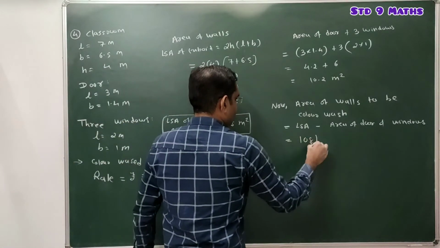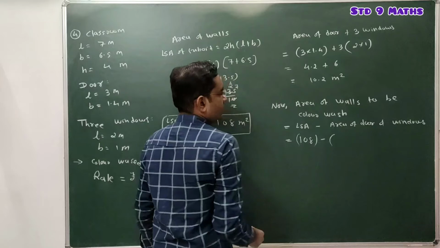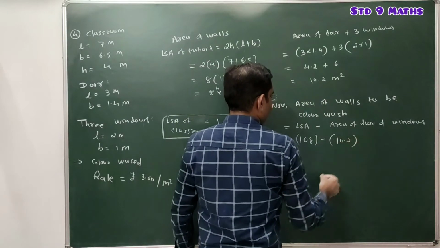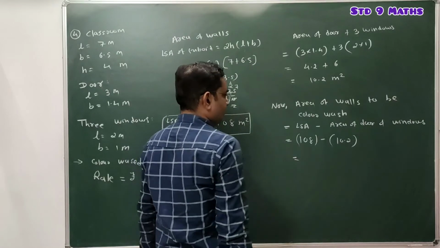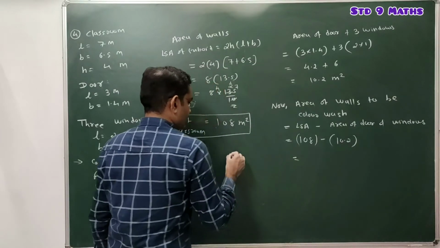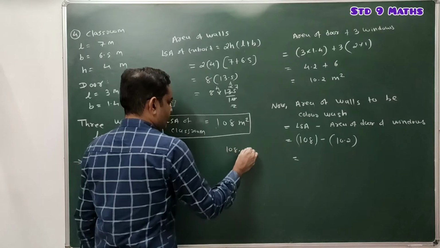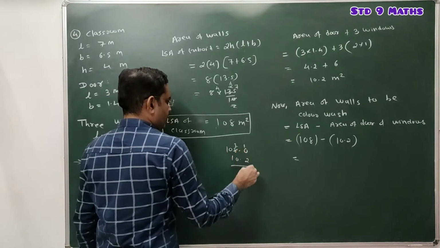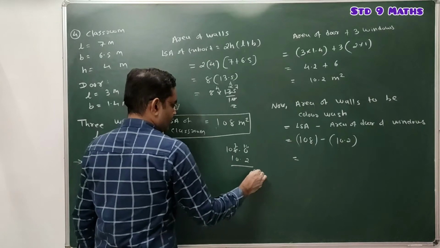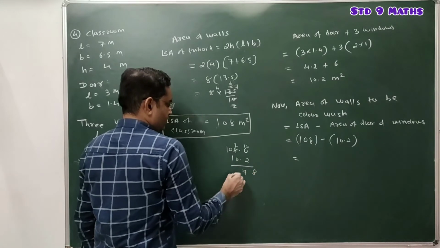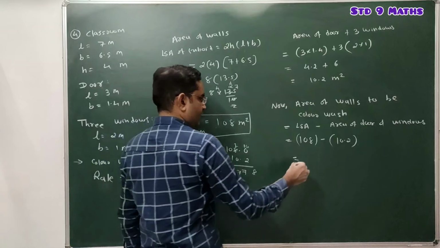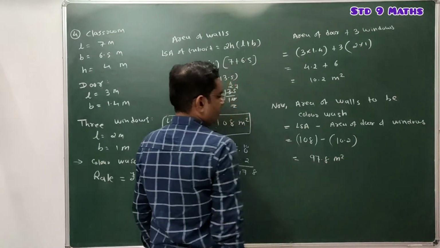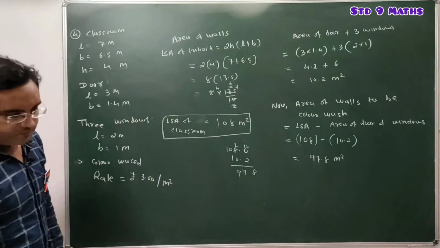From this 108 meter square area, we have to subtract the area of this window as well as door, that is 10.2. So what is the total area? Subtraction. 108.0 minus 10.2. So 7 10, 8 7, and this will be 9. 97.8 meter square is the total area to be whitewashed.